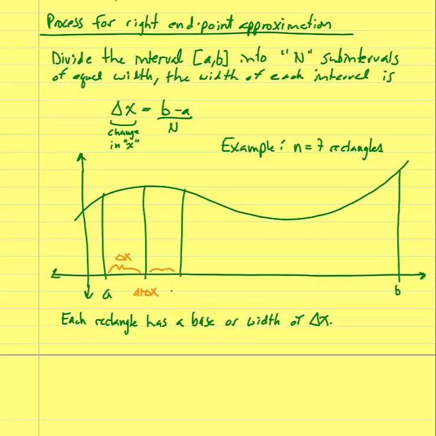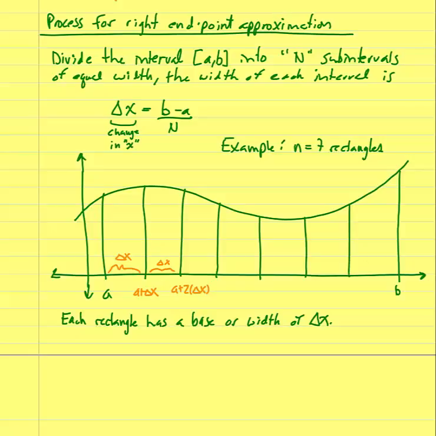Then this next endpoint is going to be A plus 2 of these delta x's, because that width right here is delta x, and these are all the same widths. So this is A plus 2 delta x. And this will keep going until we get up to our 7th rectangle. So I have 1, 2, 3, 4, 5, 6. That wasn't off too far.